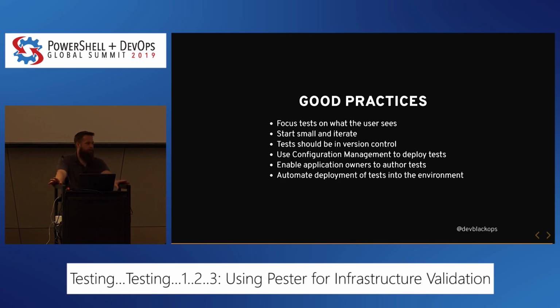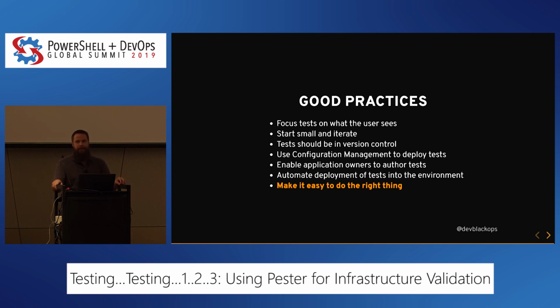Once those tests are written, you want to automate deploying those tests into the environment using some type of configuration management tool. So ideally, I check in an update to a Git repo, magic happens, which is my CI/CD pipeline, and it appears on my system. That's how the application owner should perceive it. We all know it's not that easy, though. But ultimately, what we want to do is make it easy to do the right thing.